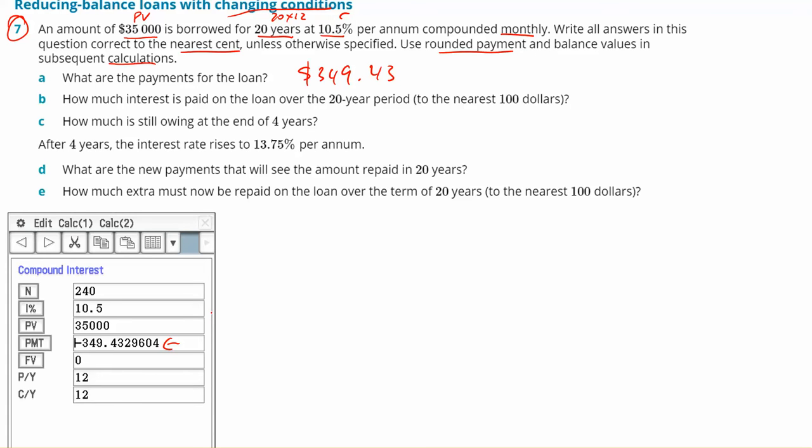The formula is the interest is equal to D times n, the payment amount times the number of payments, minus V0, minus the principal. My number of payments is 240. The payment amount's 349.43, and you're minusing V0, which is 35,000. So let's work out what that is.